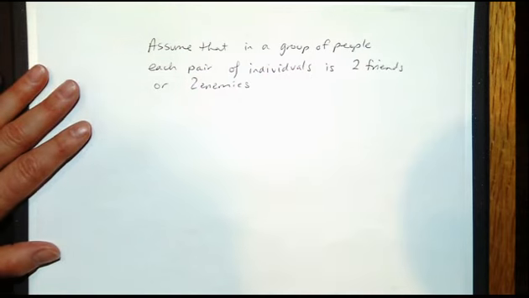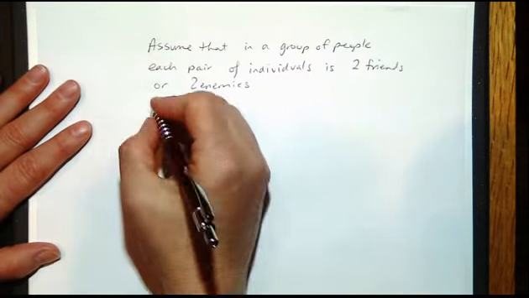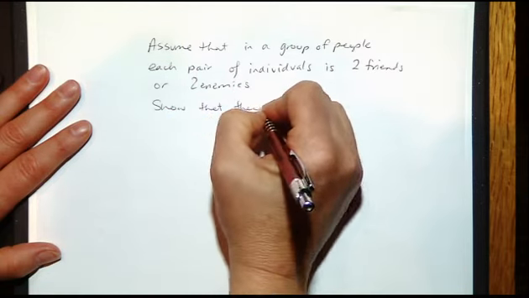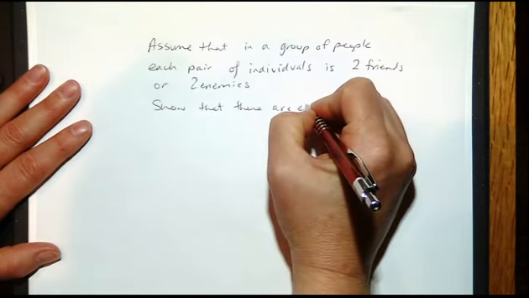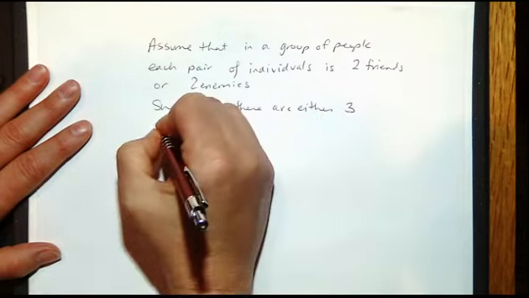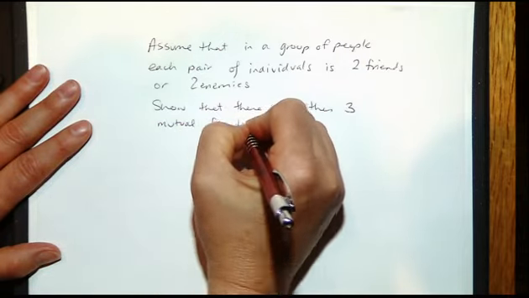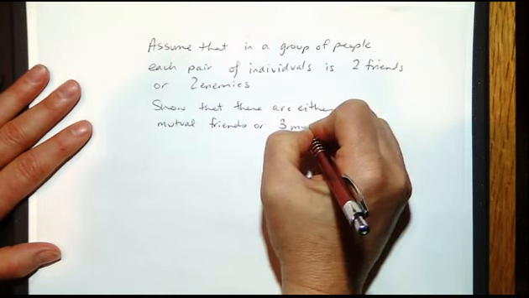It's like back from high school. Show that there are either three mutual friends or three mutual enemies.